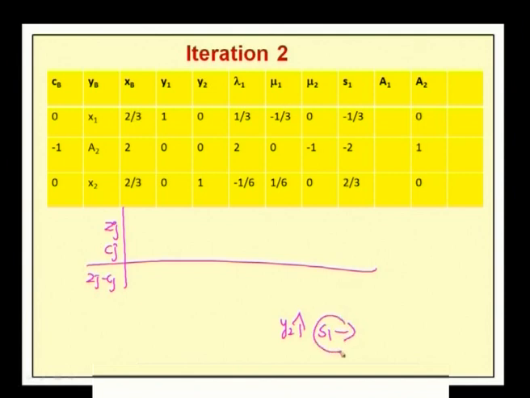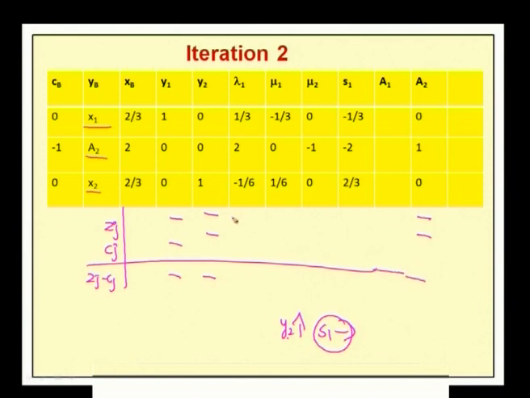Therefore, in the place of S1 we introduce the variable y2, which is x2. So in iteration 2, x1, a2 and x2 are in the basis. Since x1, a2 and x2 are in the basis, no need to compute the zj minus cj value for x1, x2 and a2.